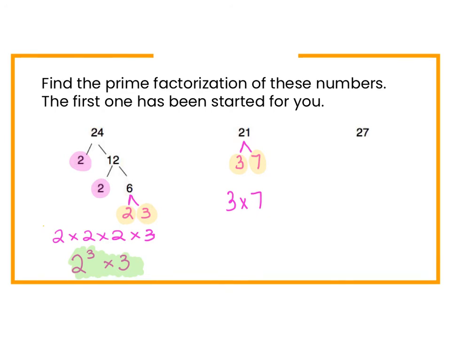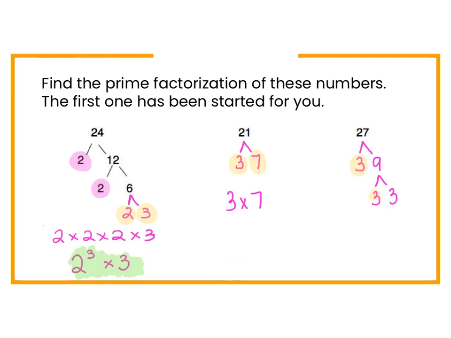Next we have 27. 27 can be broken down into 3 times 9. The 3 is prime, so we can circle it. 9 is composite, so we need to break it down. 9 can be broken down into 3 times 3.